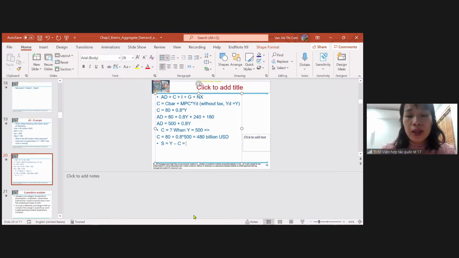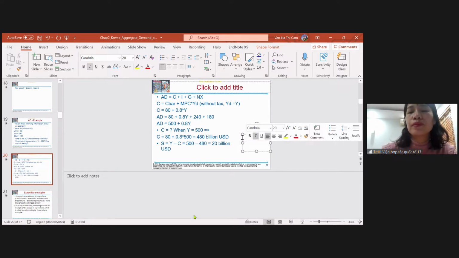So we have income here equal to 500 that they gave us before, and we have consumption we have just calculated as 480, right? So we have saving now equals 20. Yeah, you got the idea now.